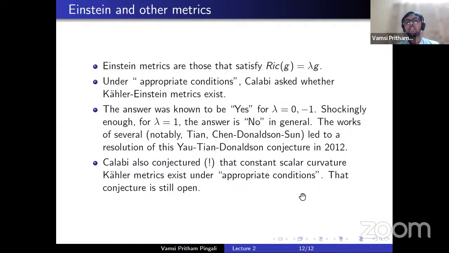He also conjectured something else, but that's a little more complicated. Basically, Calabi has been guiding this field for a long time. But this result in 2012 was a culmination of many works and solved a major conjecture.